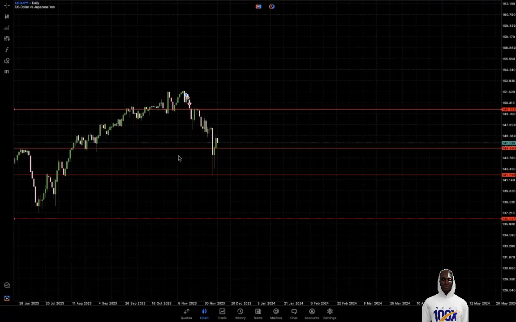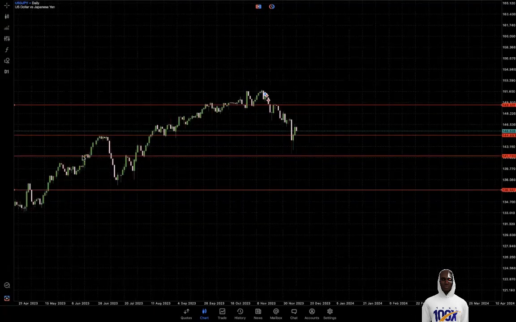Even though price broke out of it and tapped this level, this level here is also support, because historically price had created a footprint here.